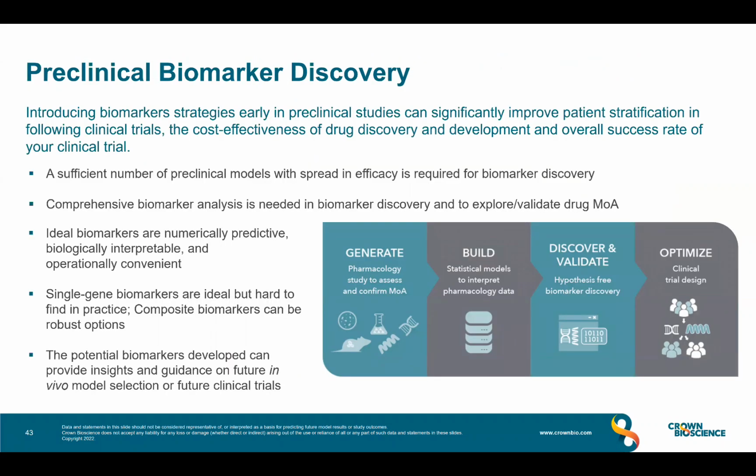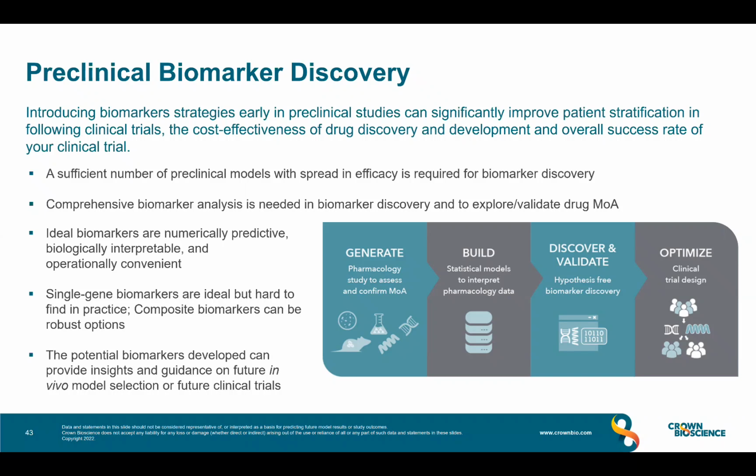To sum up preclinical biomarker discovery, a sufficient number of preclinical models with spread in efficacy is required for biomarker discovery. Comprehensive biomarker analysis is needed in biomarker discovery as well as drug MOA exploration and validation.